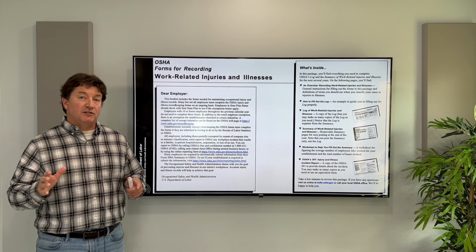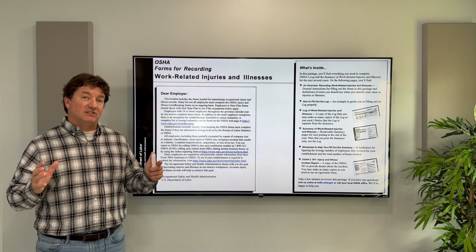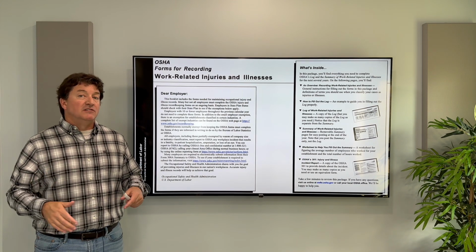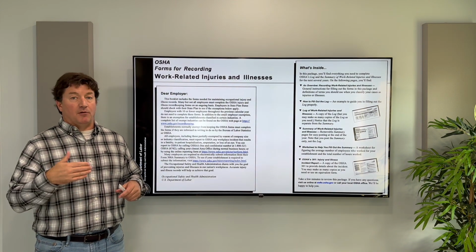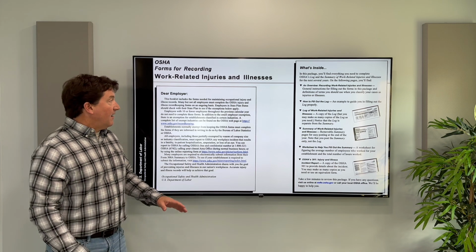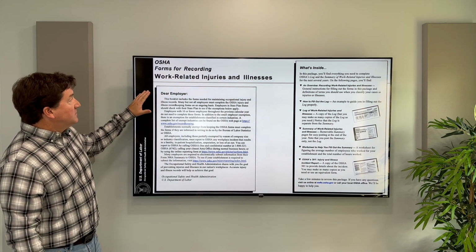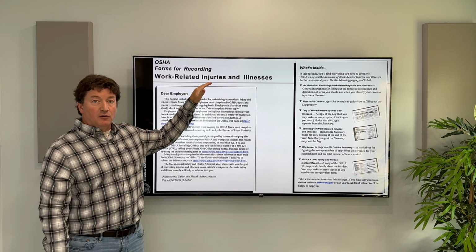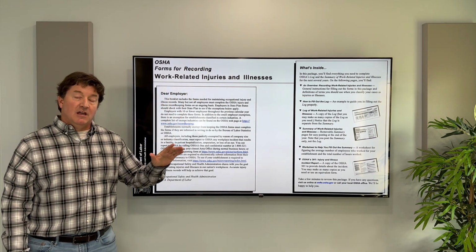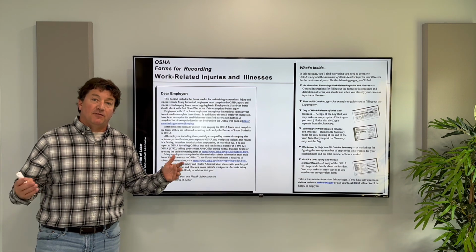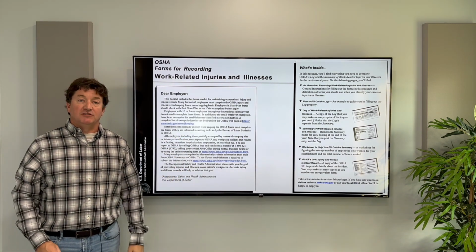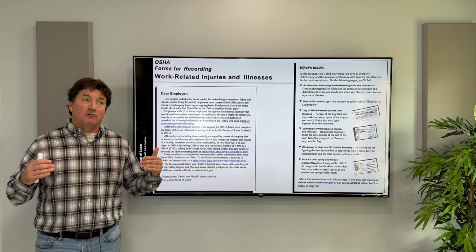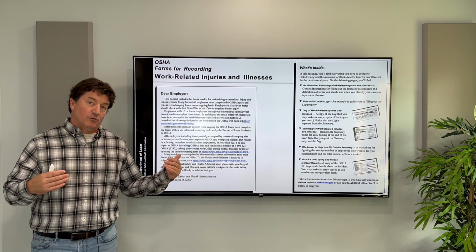And really what I want to show you today is to break down the best way to organize your paperwork so that this just becomes an automatic process at the end of the year. Now, in the forms for work-related injuries and illnesses, a key term is work-related. One of the biggest mistakes manufacturers make, and just companies in general, is they start recording injuries that aren't work-related.